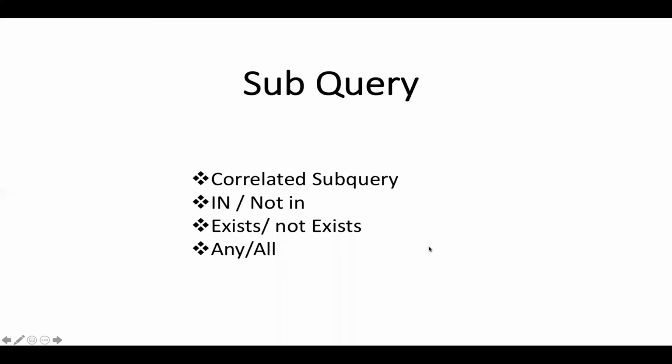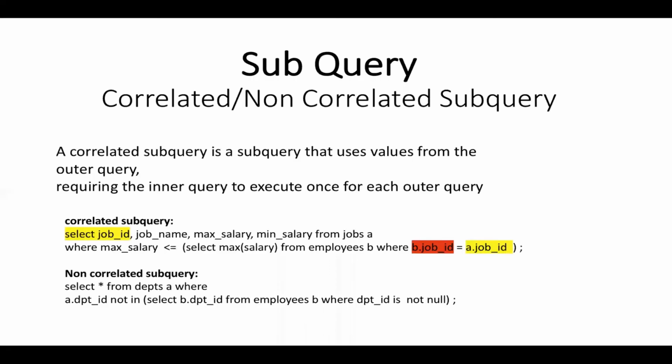Now there are a few types of subquery: correlated subquery, non-correlated subquery, in, not in, exists, not exists, any, all. The correlated subquery is a query where some column of the main table, the outer select statement, is used in the subquery to validate.